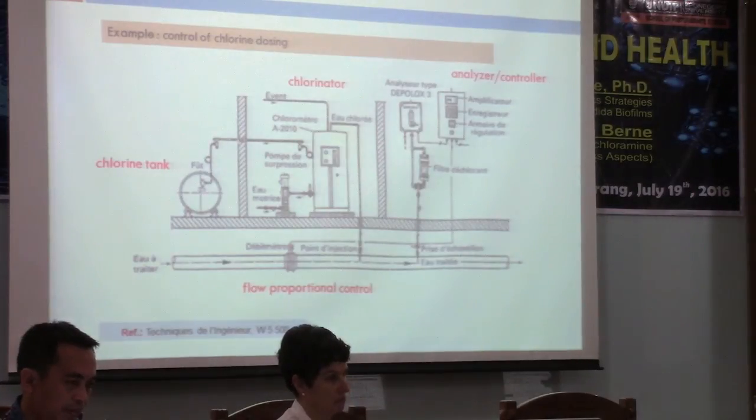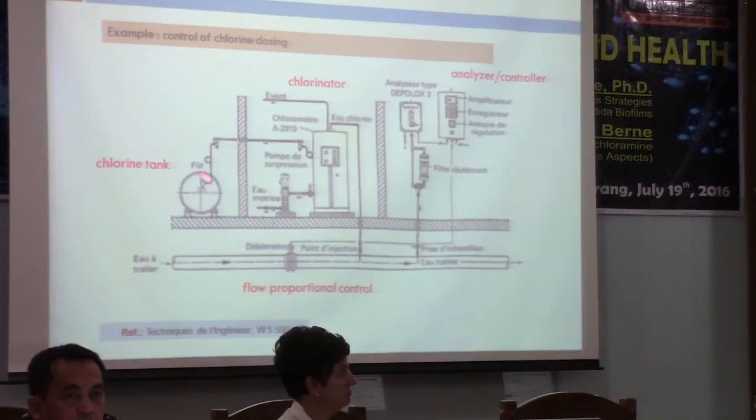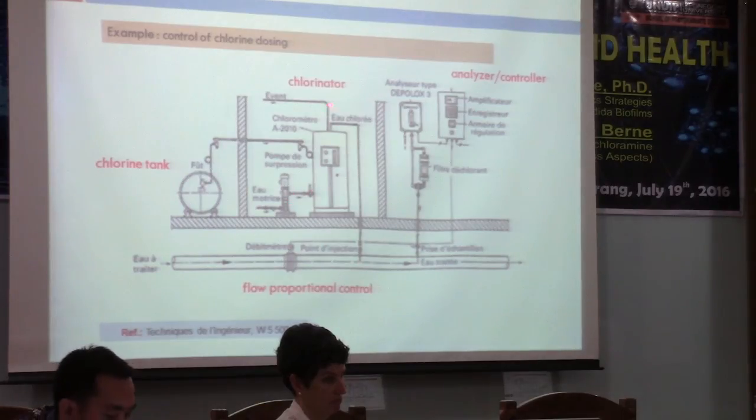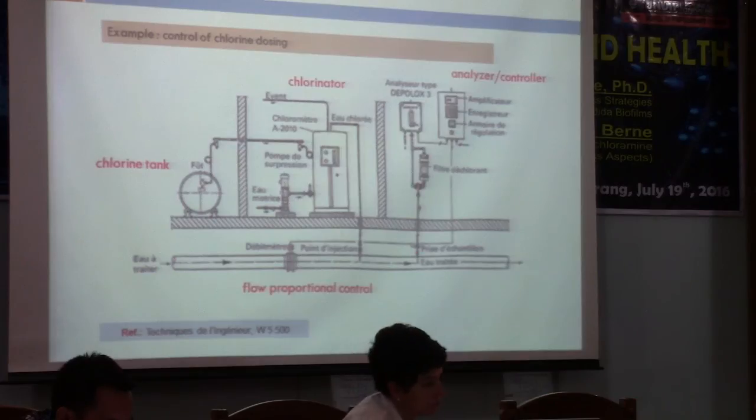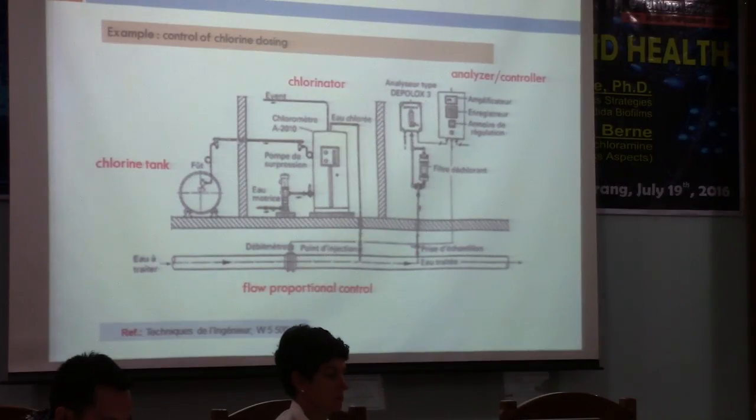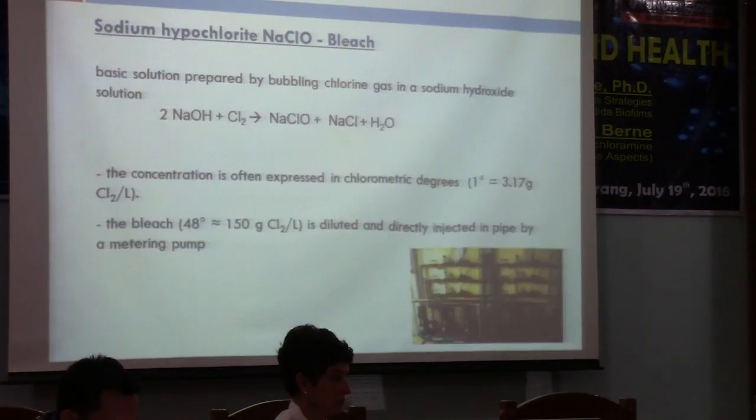For example, in this graph you can see the tank, the chlorinator system with the water, and you form the chlorinated water and inject it directly in the pipe, and a few meters after you have a sample point to do the analysis of the water and to control the injection, to have a fixed residual chlorine in the water.